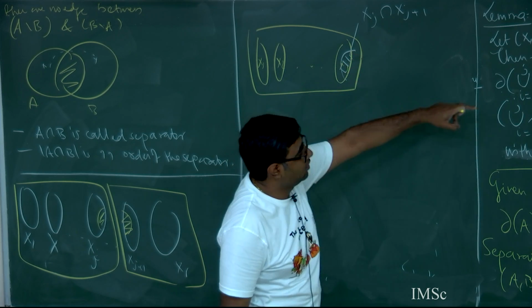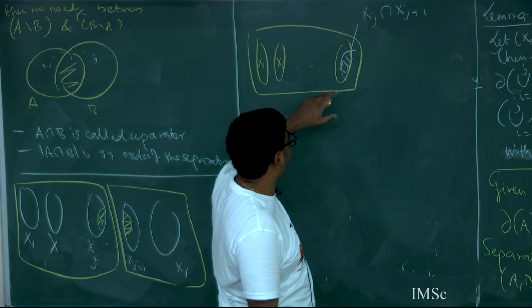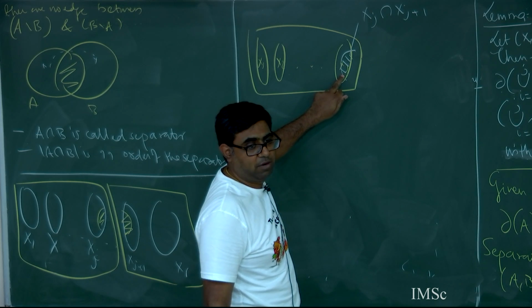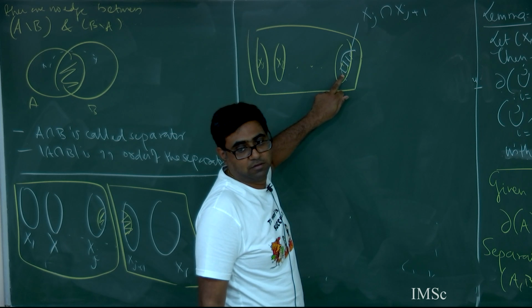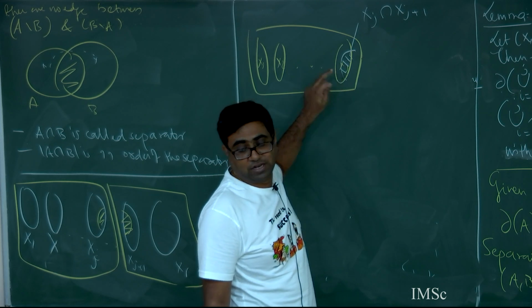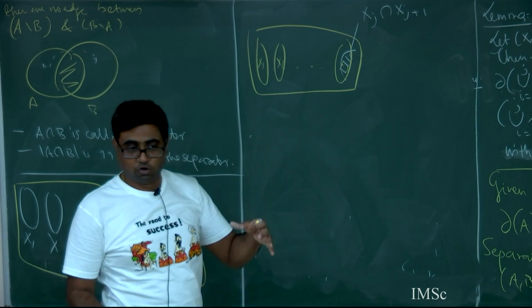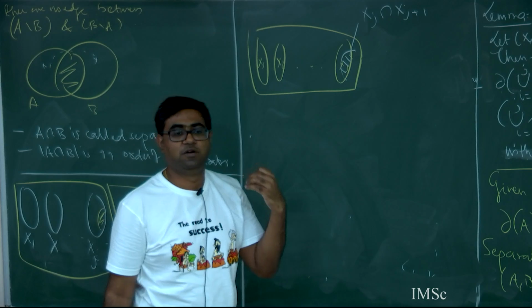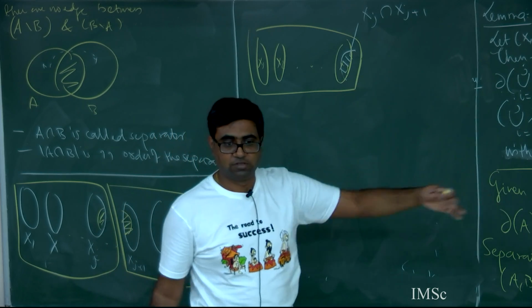Now why it is contained not equal, because it could be that there is a vertex here but maybe there is no edge incident to it, right. So that is not part of the partial, it could be part of the intersection but there may not be a vertex incident to it going outside, okay.